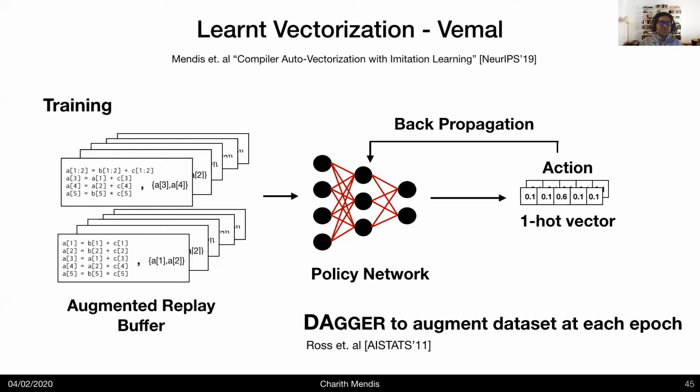To make this process robust, we are going to augment our data set at each epoch using a well-known algorithm in AI literature known as Dagger. The reason being, if you only collect experiences from the optimal policy, and if the neural network makes some erroneous judgment, then it does not know how to recover from it.